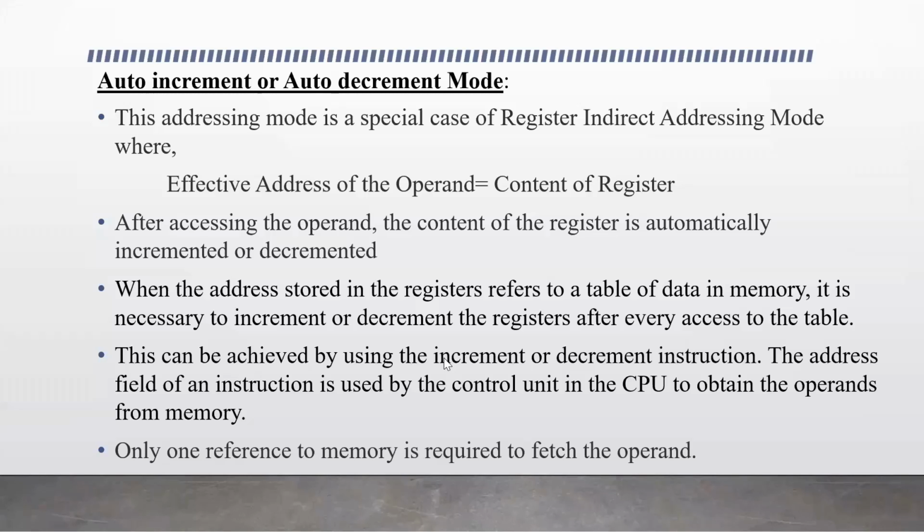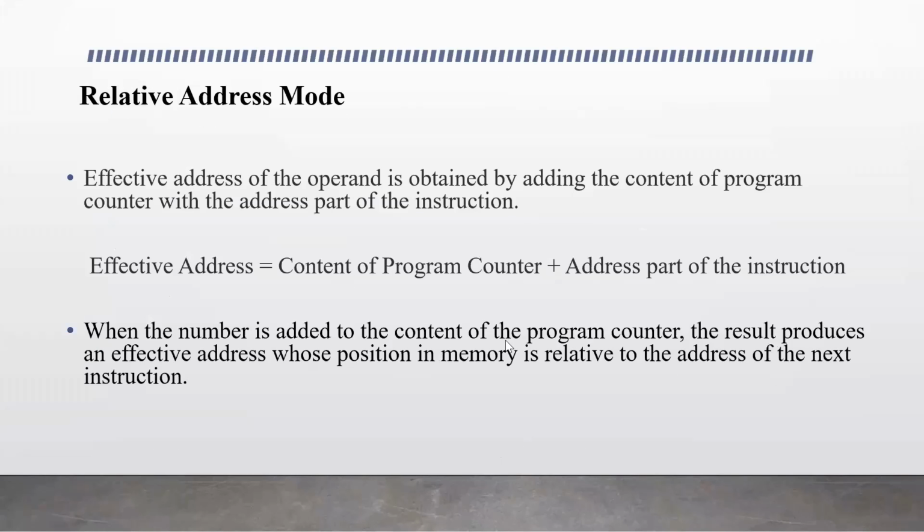So the address needs to be incremented or decremented. Automatically, once the operand is located, the address in the register will get incremented or decremented. So we call this auto increment or auto decrement mode.